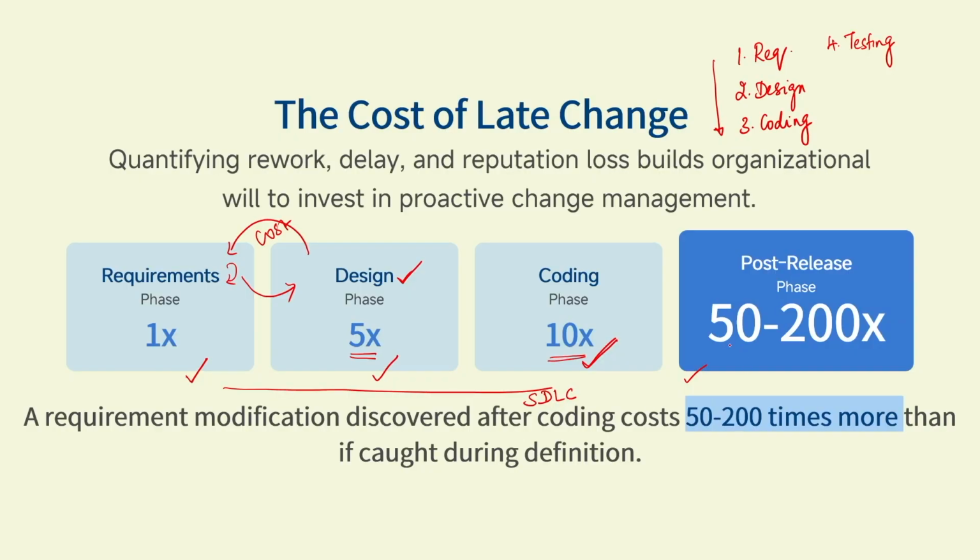At that time, if you identify a change in requirement, it is going to cost very much, in the range of 50 to 100x more than if you had identified it earlier. So this slide is trying to give you the importance of the level of cost that is going to be incurred if you fail to adjust to the change in requirements.